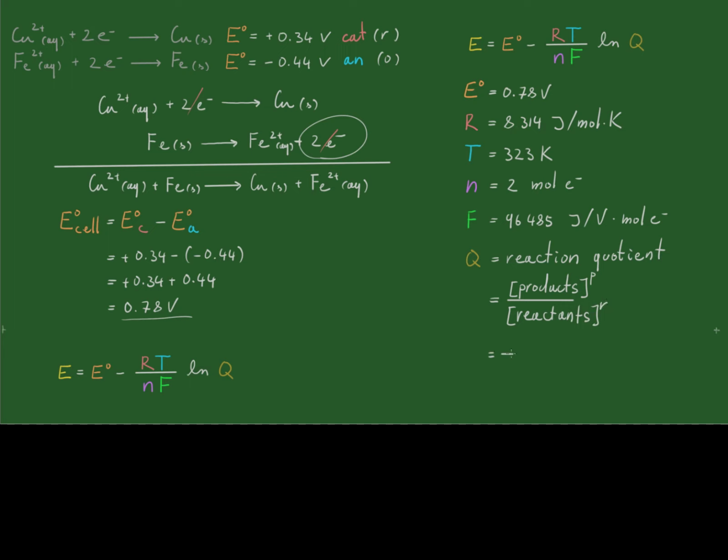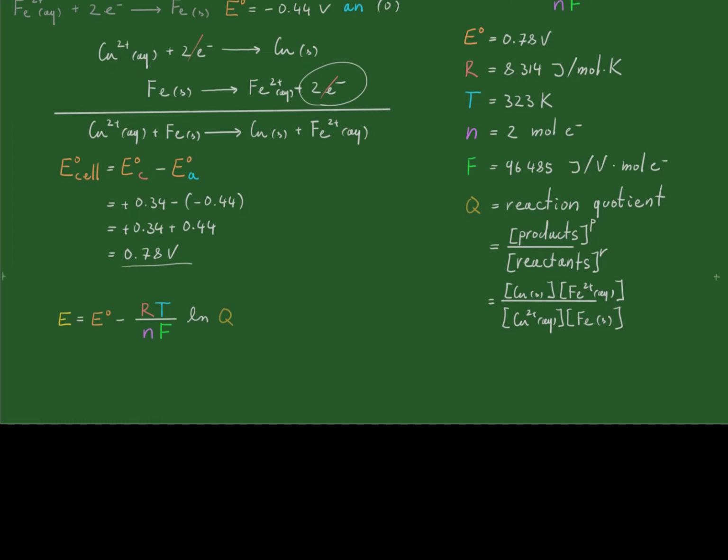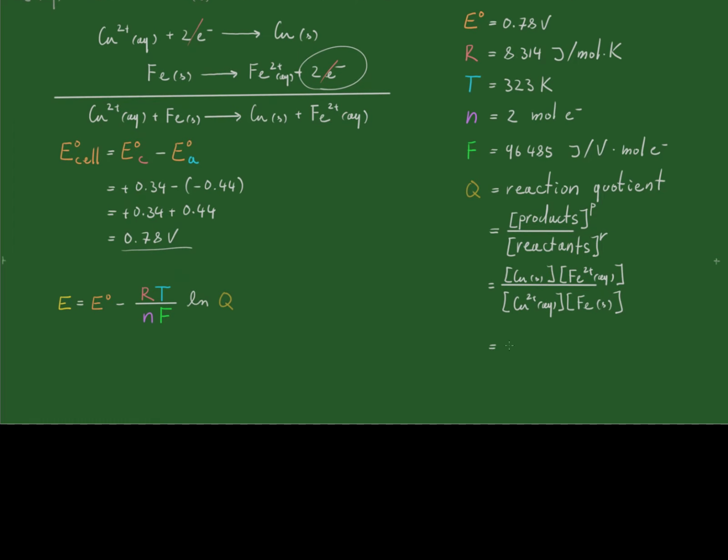What is that in our case? Well, what do we have on the product side? On the product side, we have copper solid, and we have, not copper 2+, pardon me, we have iron 2+, aqueous. On the reactant side, there is copper 2+ aqueous and iron solid. In terms of numbers, well, the concentration of a solid is taken as 1, so we can just write for copper solid 1.